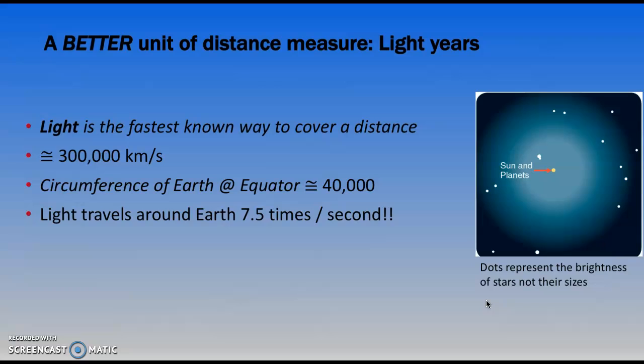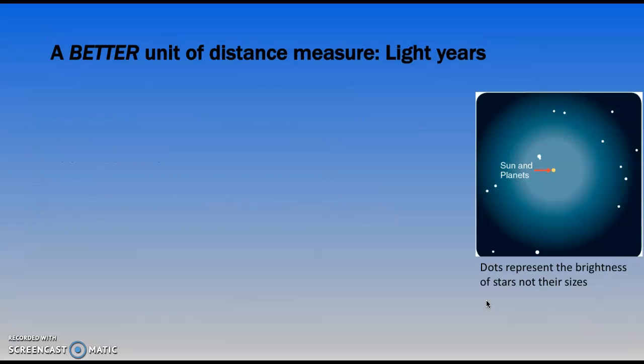It's the fastest measure that we have. So to cover these huge distances, we use the measure of light years. It is a distance measure, and it is a way for us to cut down the enormous numbers and the enormous zeros.